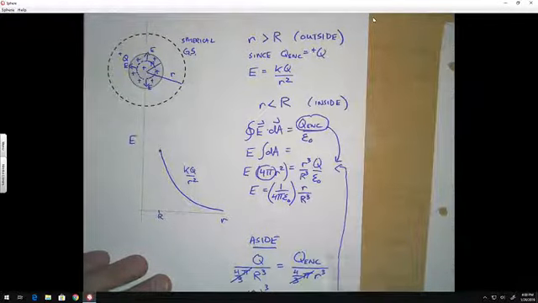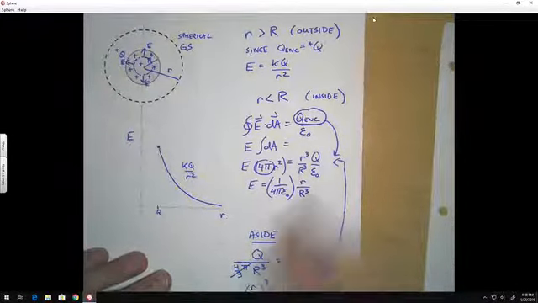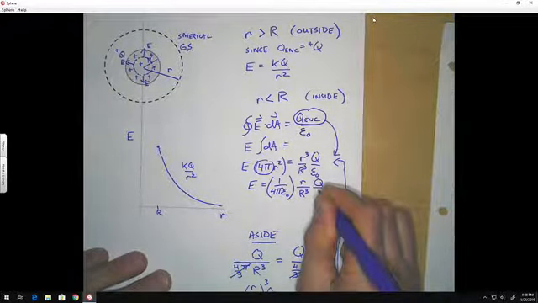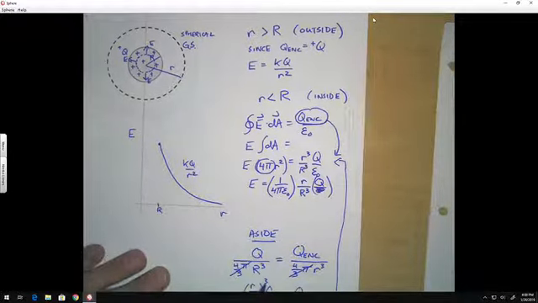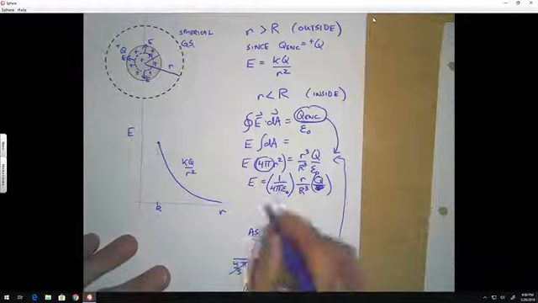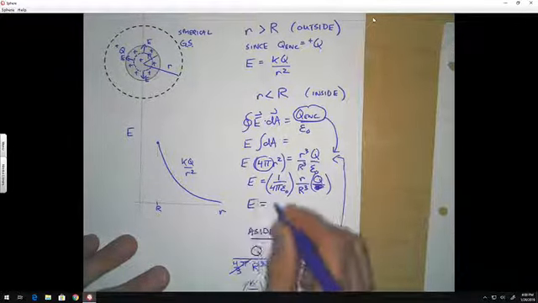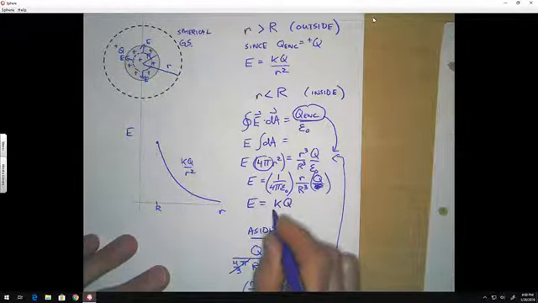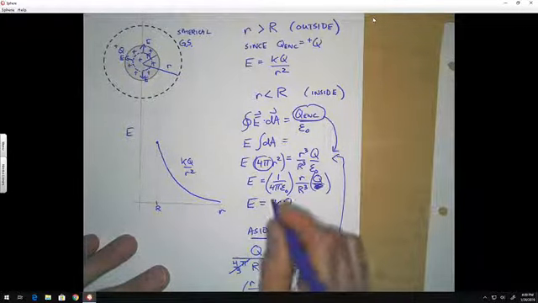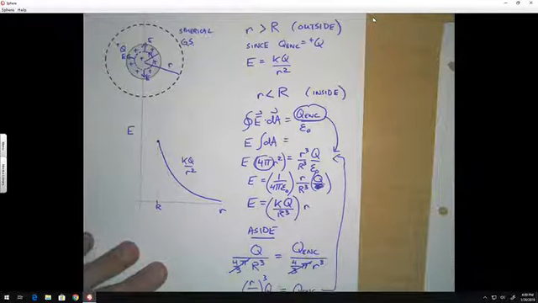That's not a variable, right? And that's Q times Q, just Q. Okay, let's simplify that. So that would be K times Q over R cubed times r.